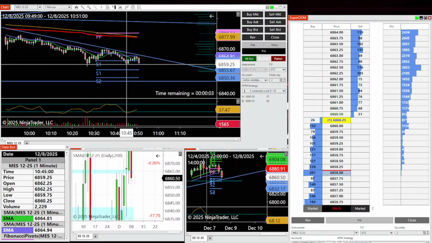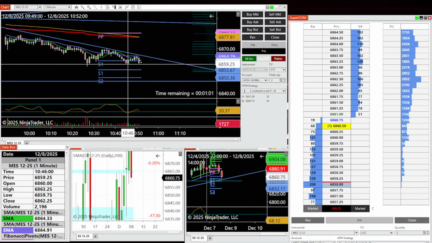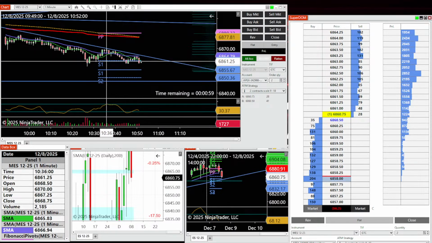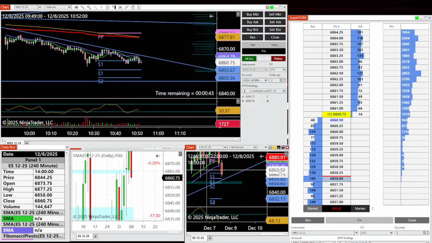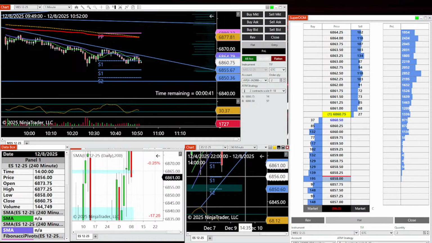Did I say 55? 59. 59 and 70, I'd say 10 points, rounded off. If it breaks here, 68, looking at 68.50. What's this? 68.55.